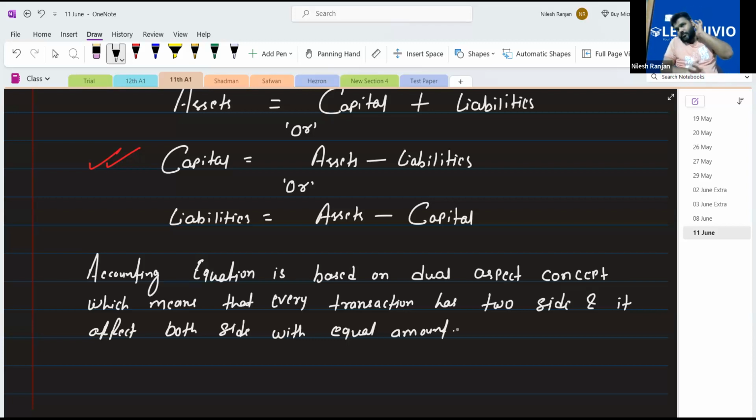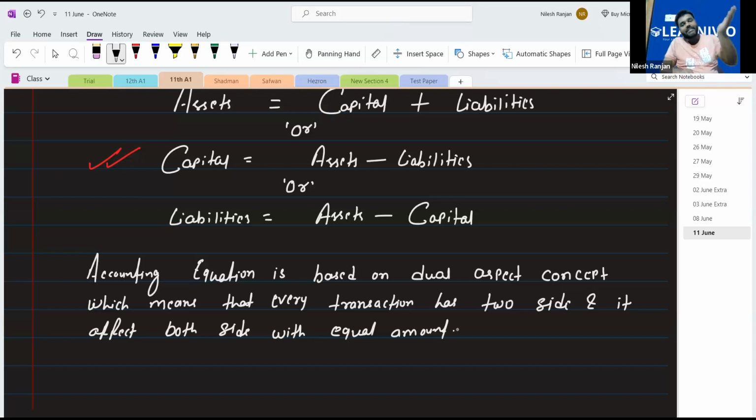If one side is increasing by 10,000, then the other side is also increasing by 10,000. If one side is decreasing by 15,000, then the other side will also be decreasing by 15,000. And there is another type of transaction where the effect is on one side only, affecting two assets, not any liabilities or capital.